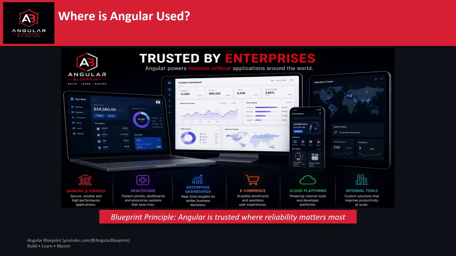Where is it used? Angular is used in many industries to build large scale applications. We will commonly find Angular powering enterprise dashboards, banking platforms, healthcare systems, cloud management portals, and many complex applications. These aren't small websites.